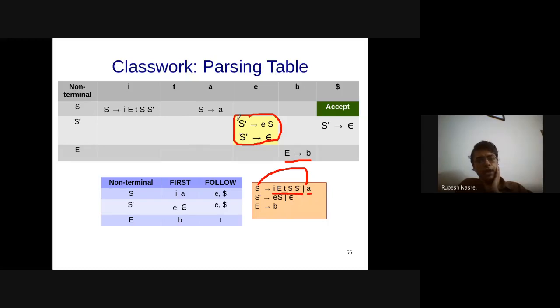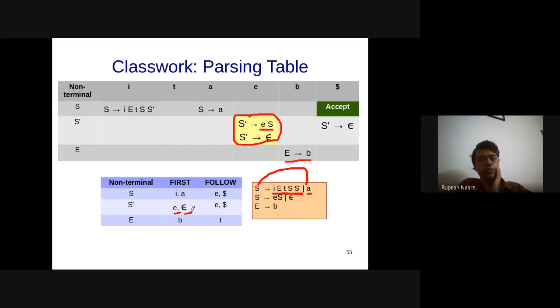Let's look at what happens in this S prime E entry. Because E and dollar are in the follow set of S prime, and S prime's first is small e, S prime deriving eS must be the rule present in this S prime E entry. That part is fine.